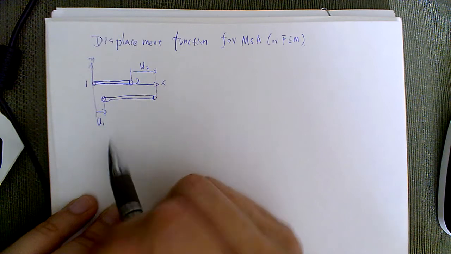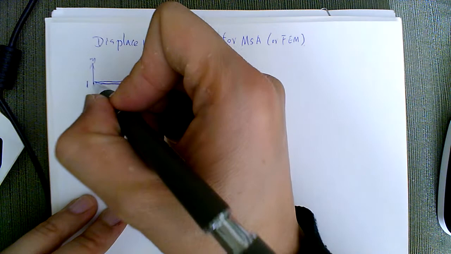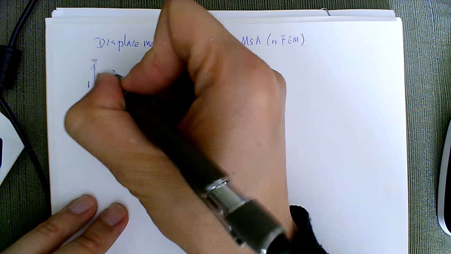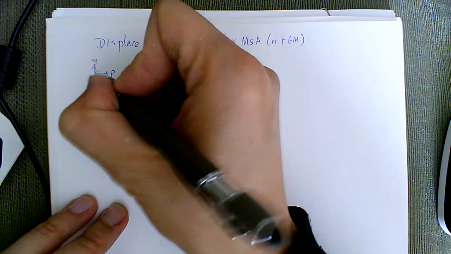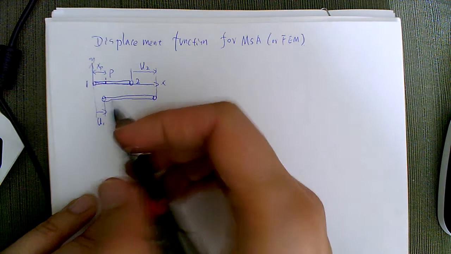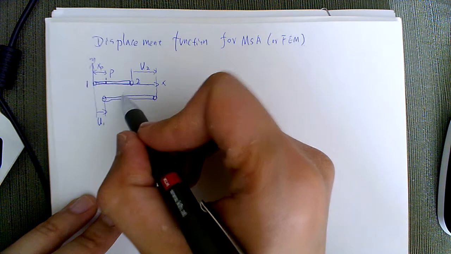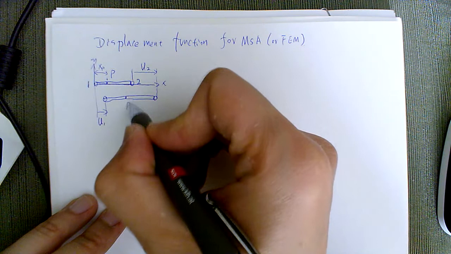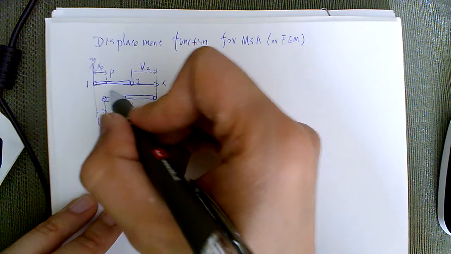So the question is, if I give you a point P on the undeformed coordinates, I tell you it's xp. P is here, and now P prime moves to, maybe, here. That's deformed.